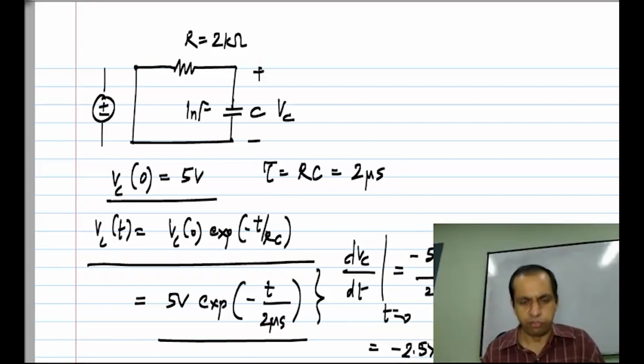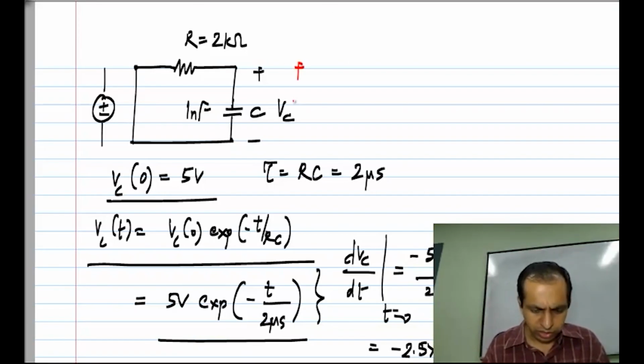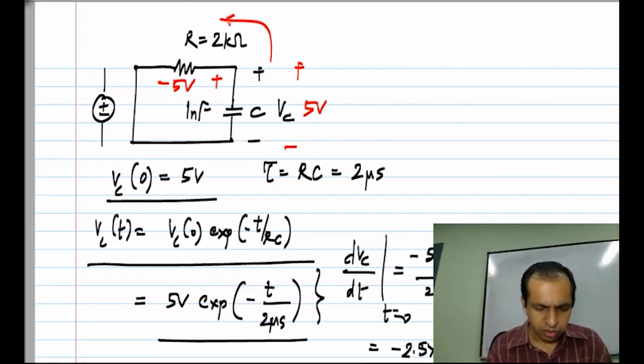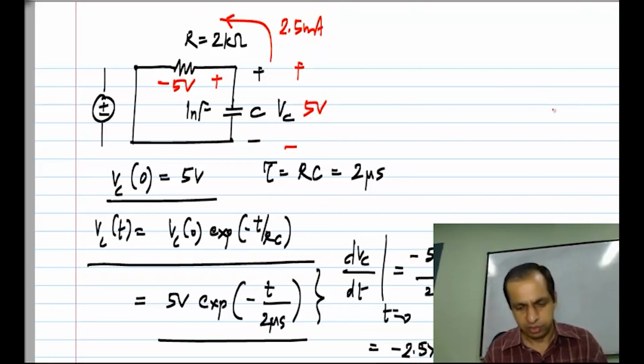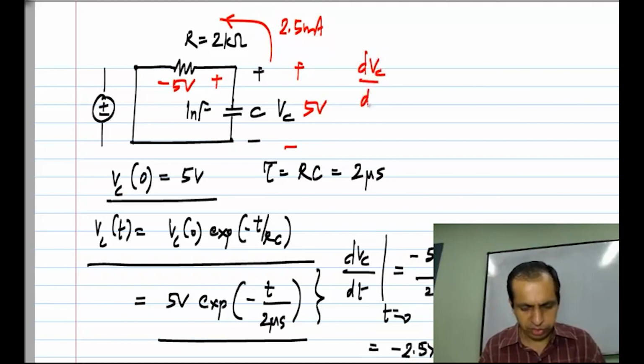Now this can also be inferred from the circuit. At t equal to 0, we have 5 volts here and 5 volts there. They are in parallel. So a current of 2.5 milliamps, which is this 5 volts divided by 2 kilo ohms, will be flowing that way. And we know that the rate of change of capacitor voltage is the current divided by the capacitance.